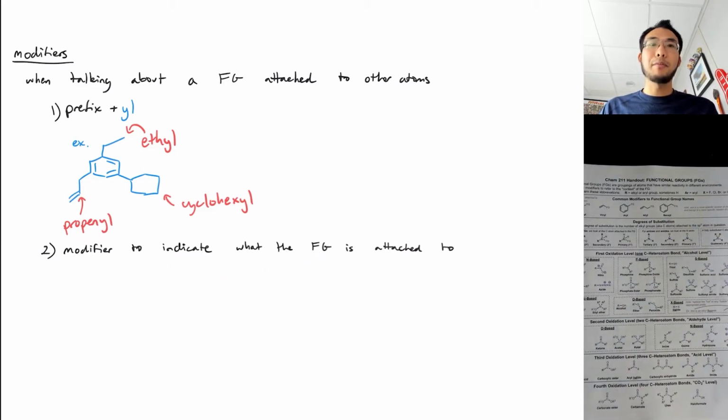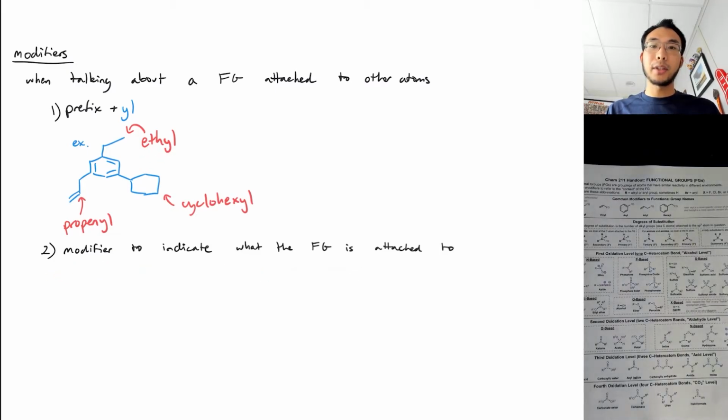A second type of modifier that shows up very often is a word in front of the name of the functional group. It also is trying to show you context, but it is trying to tell you what the functional group is attached to. So in the first case, you didn't really get much information about what the ethyl group is attached to, just that it is an ethyl group.